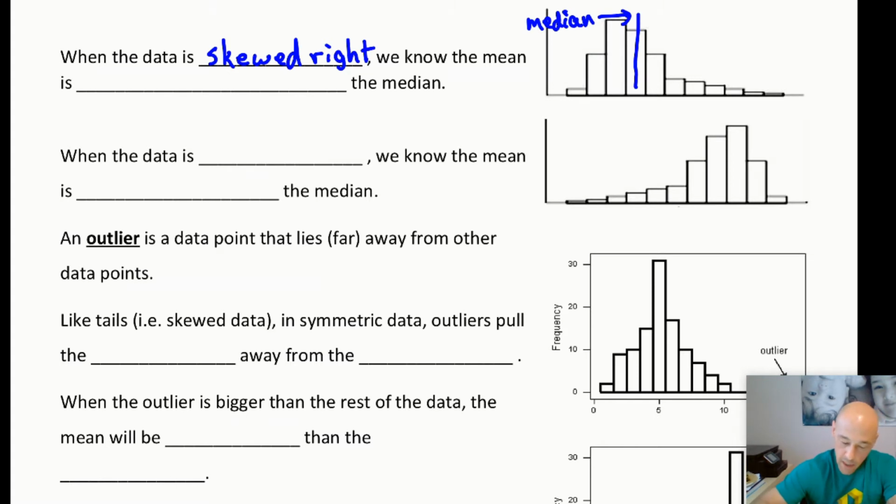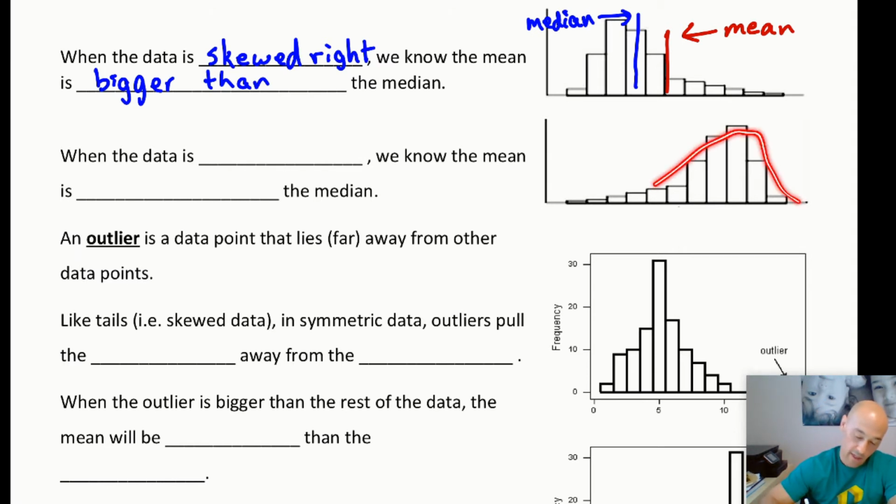And the mean, though, is pulled out away from the median toward the tail. So the mean is bigger than the median. When the data is skewed right, the mean is bigger than the median.